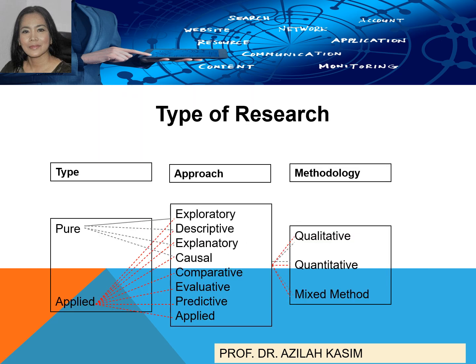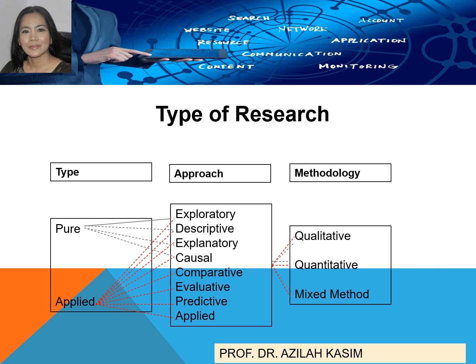So here's a diagram of everything that I have already mentioned to you just now. In terms of type of research, it can be basic or pure research, or applied research. And for each of these types of research, there are approaches that are suitable for them.